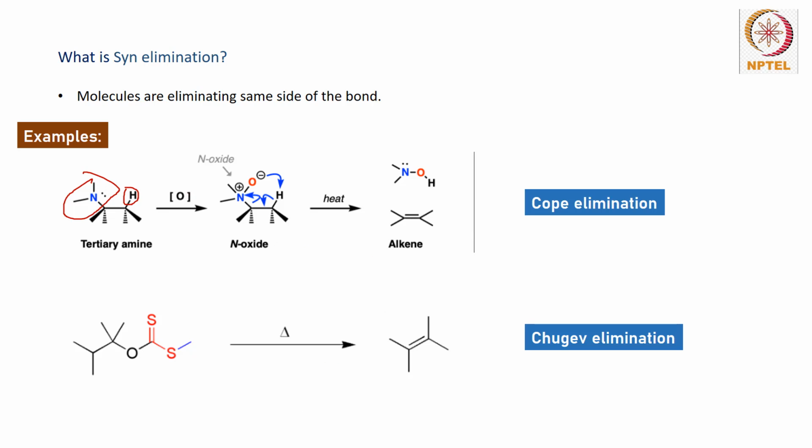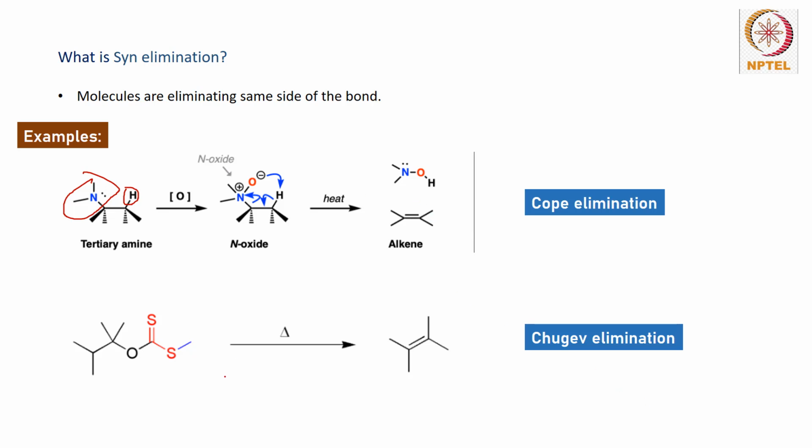So there are different examples where I have taken the two famous ones. That is the Cope elimination, where you can see this N-oxide undergoes an elimination reaction and it eliminates the syn hydrogen, which comes here, and this eliminates from the system, and we get our alkene product.